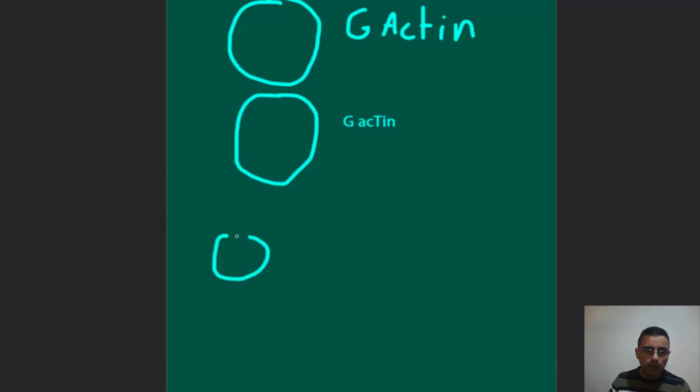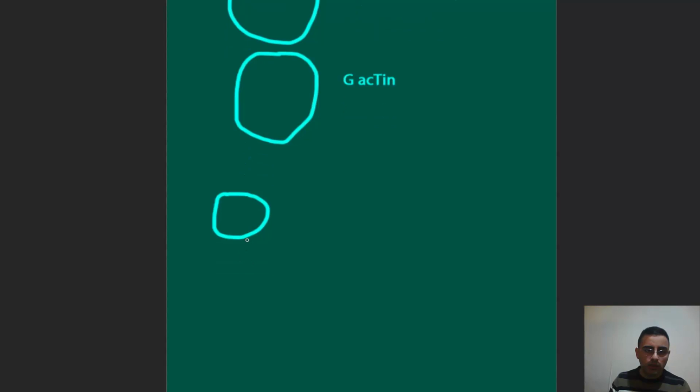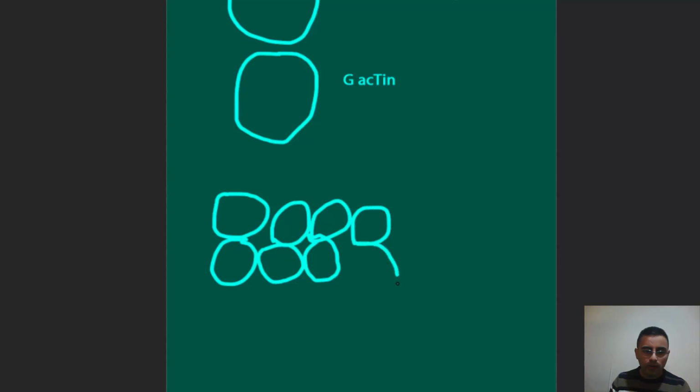Here is one G actin, here is another, and they are connected with each other. It has a structure like a chain, a double-stranded chain, like that.